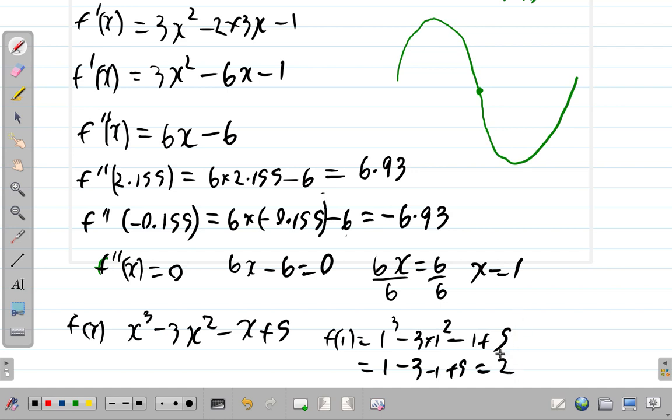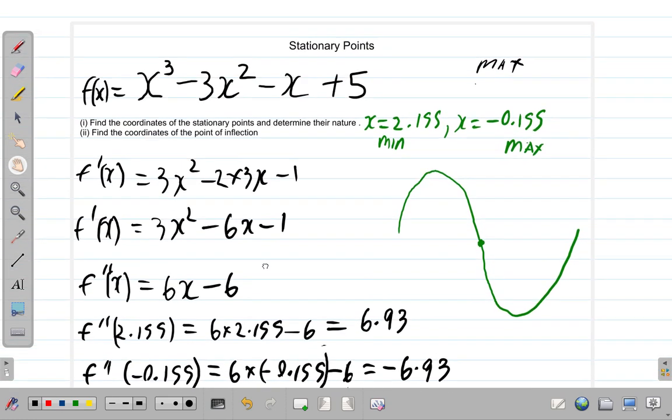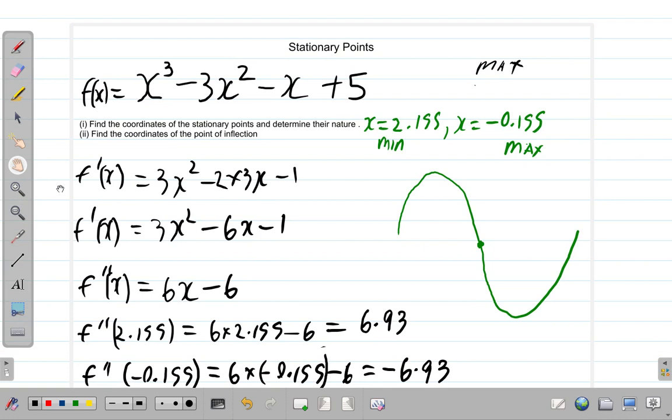So f of 1 is going to be 2. So it will be at x equals 1, and f of 1 is 2. So the coordinates will be 1, 2. Let's write that down. Alright, so there we have that.